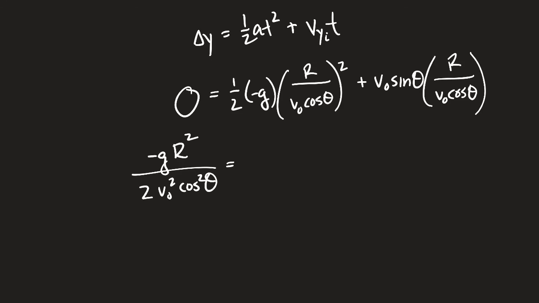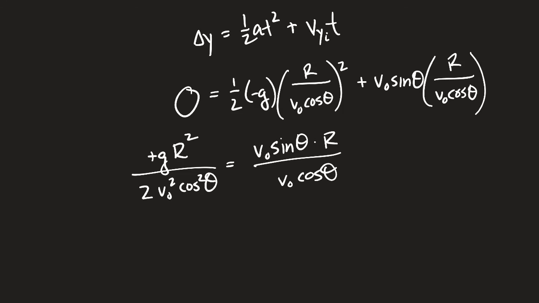This has to equal v naught sine theta times r over v naught cosine theta. What negative g? I don't see a negative g. Must be. I'm hearing things, you're seeing things.